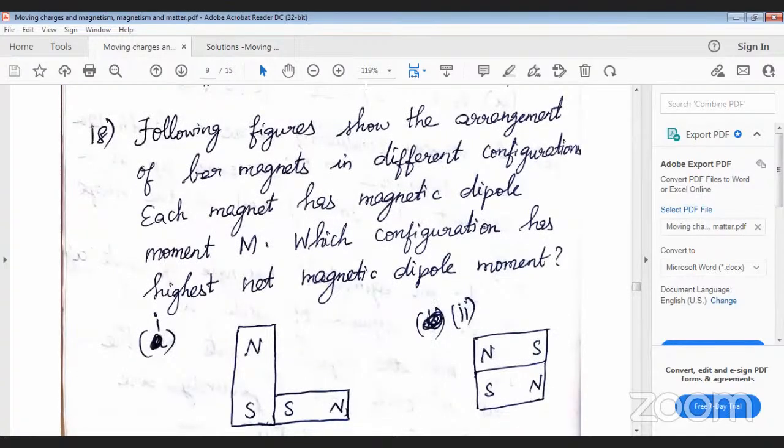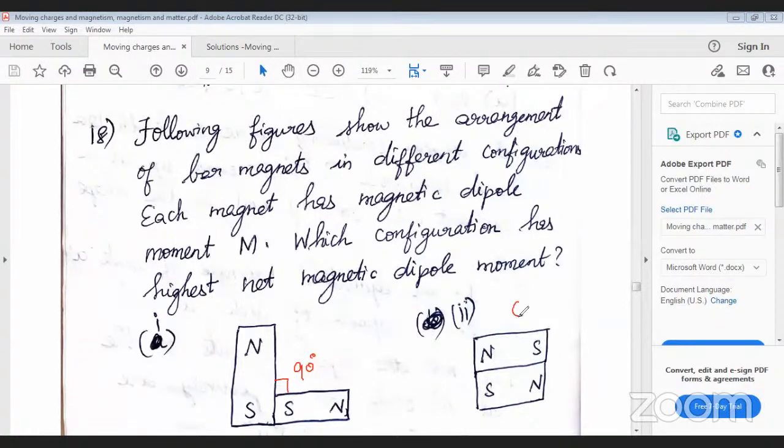Here you see, for this configuration the theta value is 90 degree, and for this configuration north and south pole are arranged exactly anti-parallel to the south and north pole.